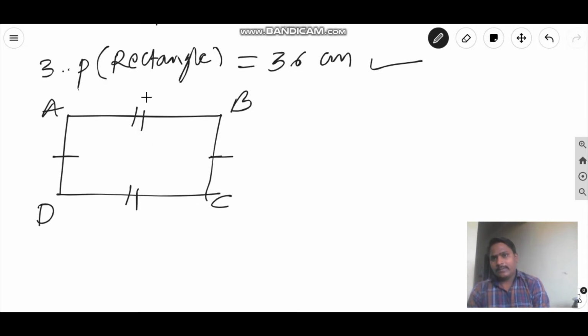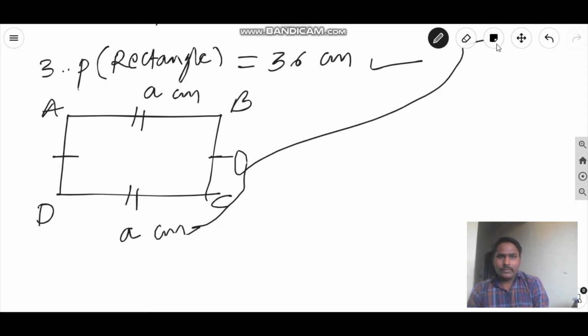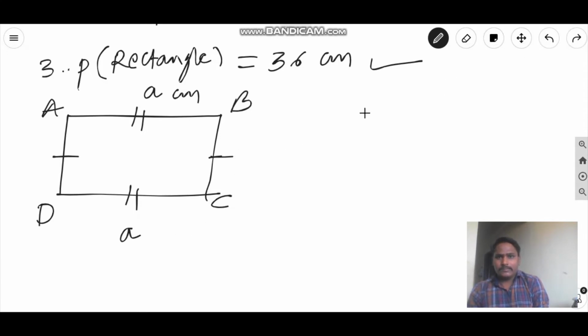Now let AB be a centimeters, so that means DC will also be a centimeters. We know this from the properties of a rectangle. Again, all these angles are 90 degrees.